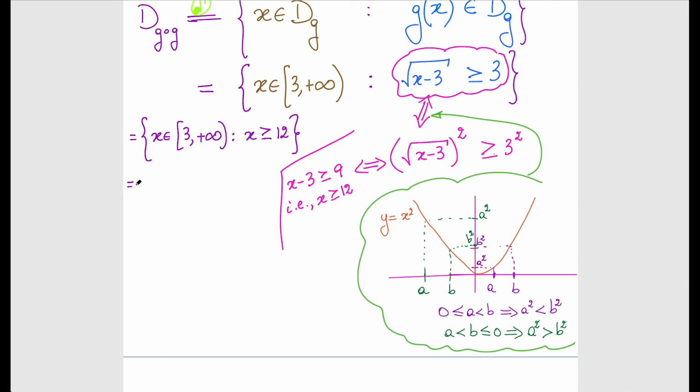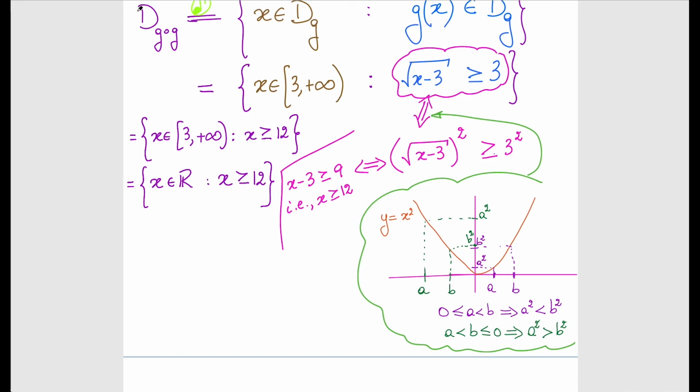So this is then the collection of all real numbers that are from 12 onward, correct? Again, there is a redundancy. If you ask for the participants in the domain of G composed with G to be from 12 onward, you've already fulfilled this demand. There is a redundancy. You don't have to ask for this. You get it for free, correct?